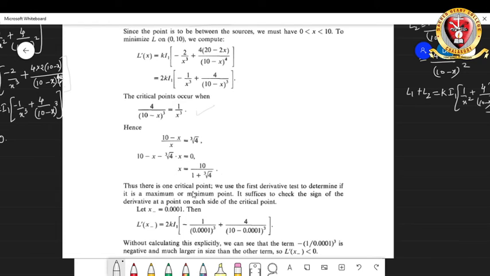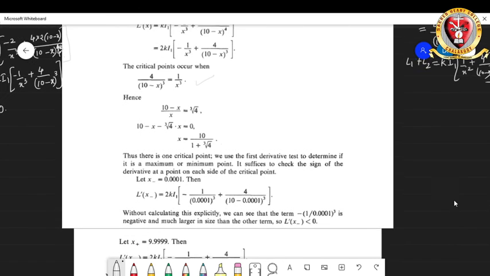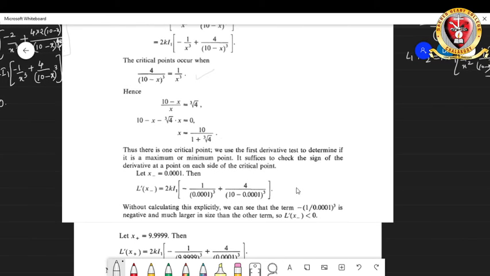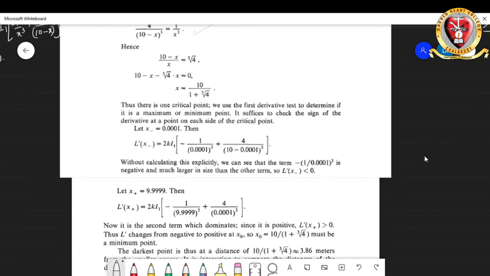Okay, so the point will be this, and when you find the value for L dash, you get that to be strictly less than 0. You find the values using a calculator. Similarly, you take the value x to the right of that point.